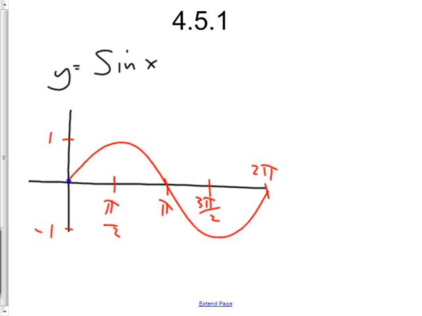Wherever sine is 0, its sister function is 1 over 0, which means undefined, right? So everybody put dots at these 3 places and then put an asymptote line because it doesn't work there. Cosecant can't exist when sine is 0.